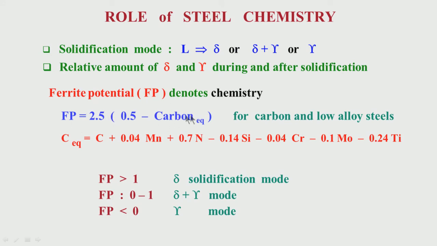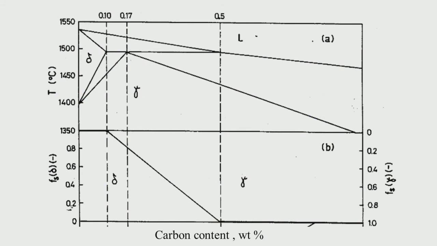So, you just put in any carbon equivalent, say 0.1. Then what is going to happen? Look at this figure, when you have 0.1% carbon, the ferrite factor is basically 1, not 0.